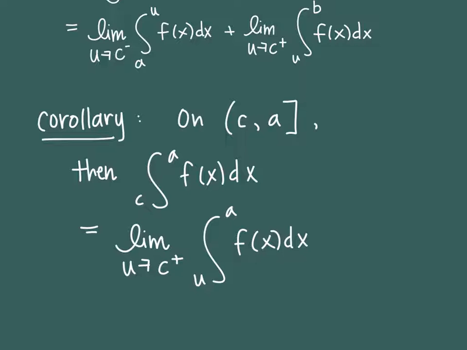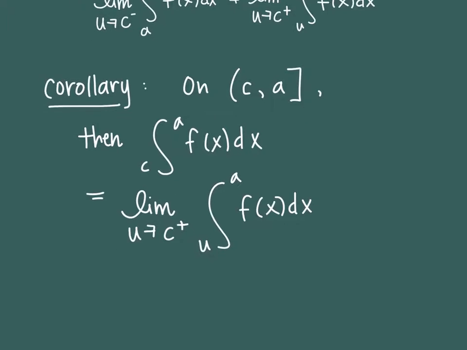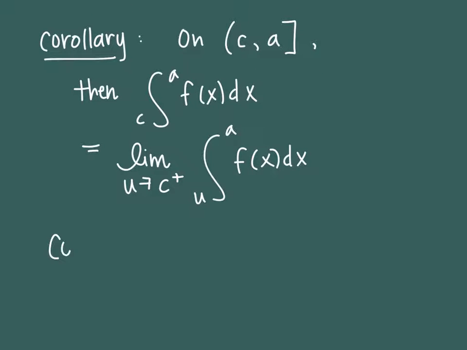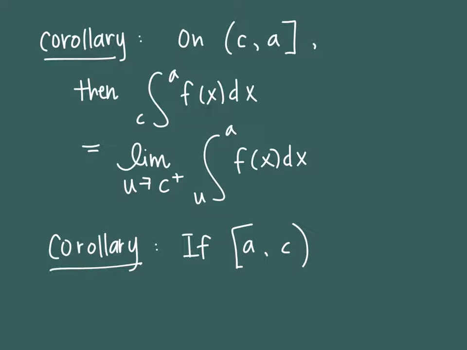So if C is the left-hand bound but not included, we need to stay on the right side of C. And then the corollary to that is if it's the other way, if A is included, but C is not, as the ending bound, you're going to do the reverse.